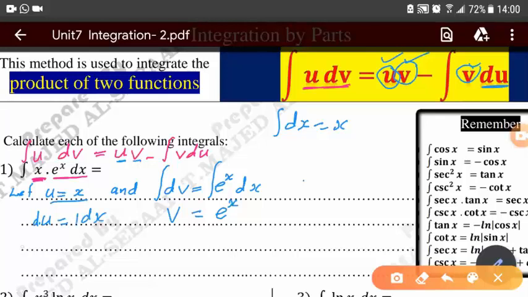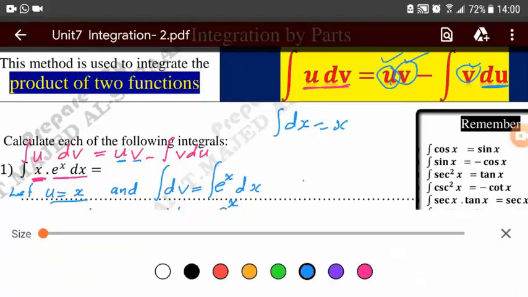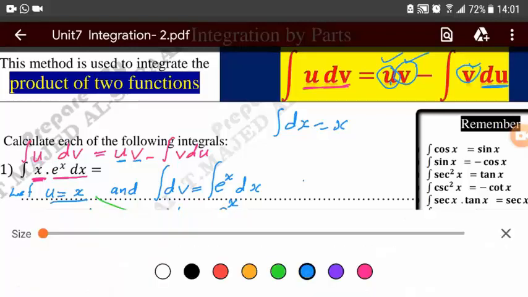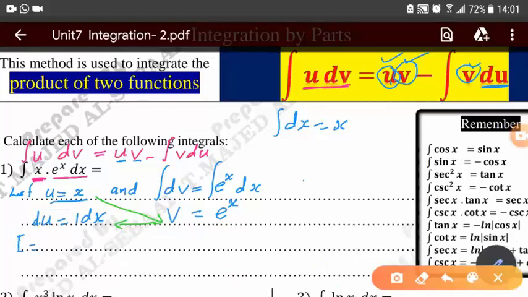So my integration equals, according to the rule, u times v. What is u? I will multiply, just a minute, let me just change the color. Multiply this by this. Okay, it will be u times v, which is x e^x.